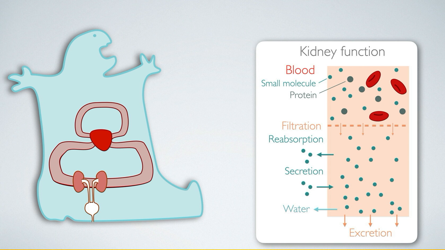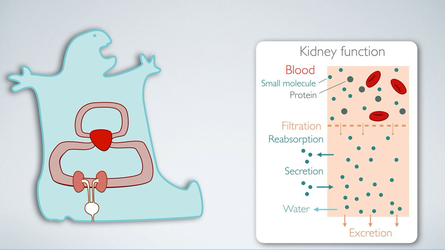Now we're going to talk about these processes of reabsorbing nutrients from the filtrate, that is the small particles that we want to retain in the body, and the process of secretion, where we deposit toxins into the filtrate so that they become a part of the urine.